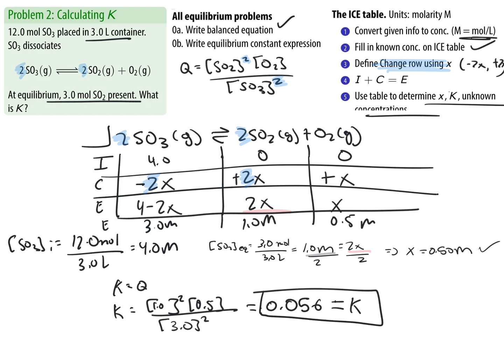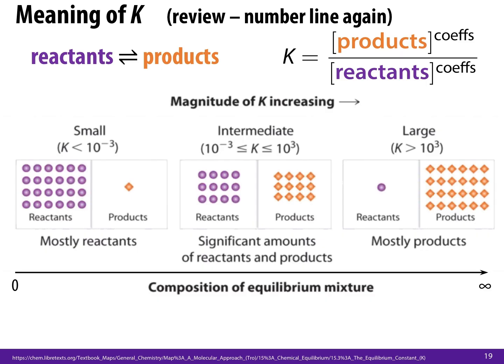So these problems really give you a good handle on just the nuts and bolts of building and using ice tables. Again, we've talked about this when evaluating each of our answers to the previous 2 problems, but important to keep in mind that the value of K, which is again sort of where you'll end up with at equilibrium, will tell you about whether your reaction favors reactants, favors products, or is somewhere in the middle.